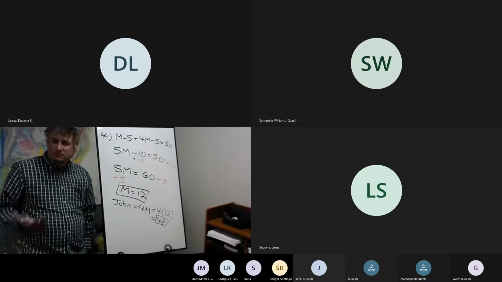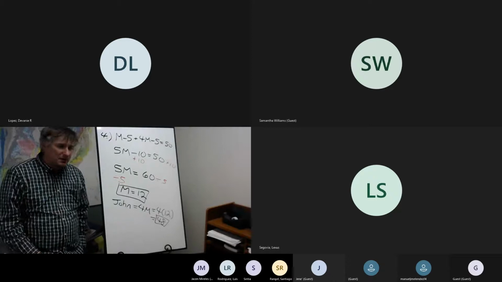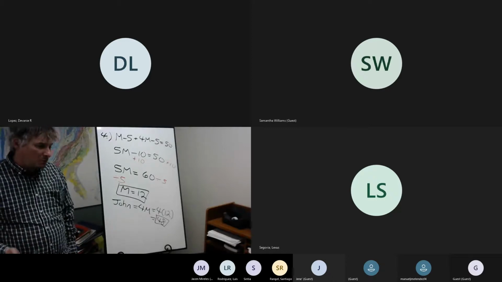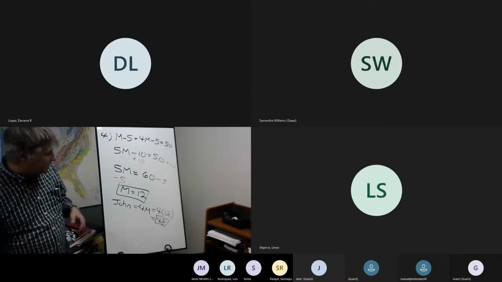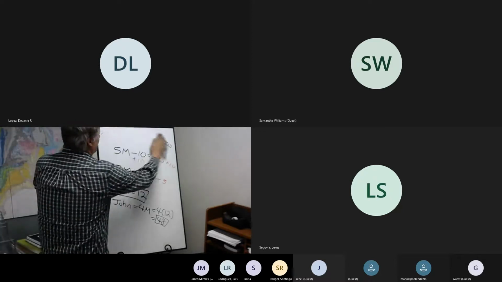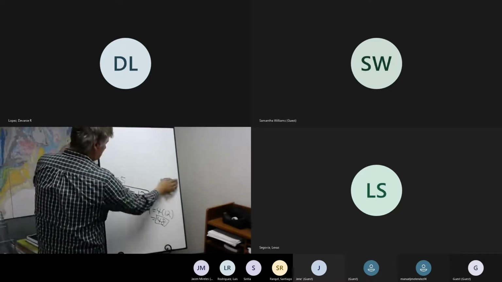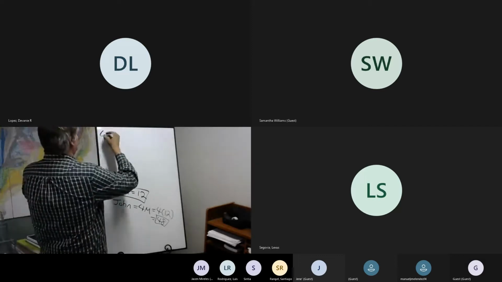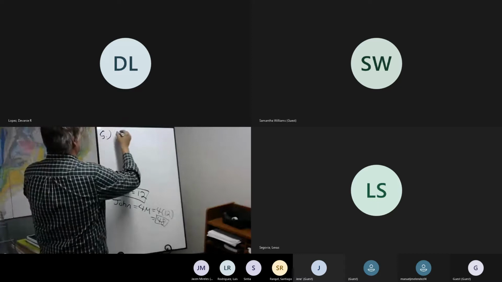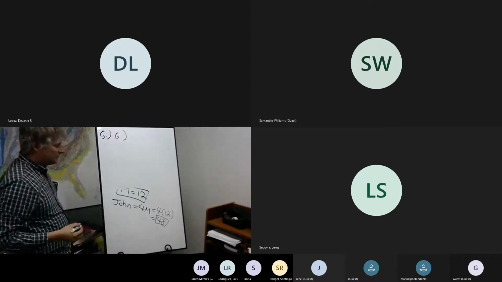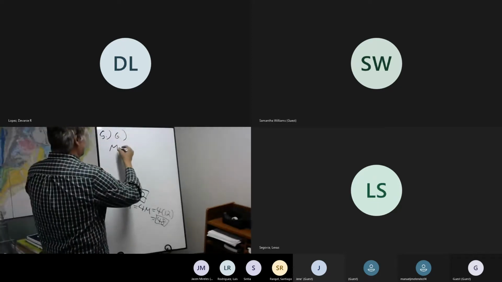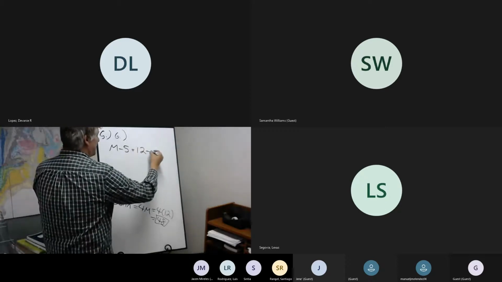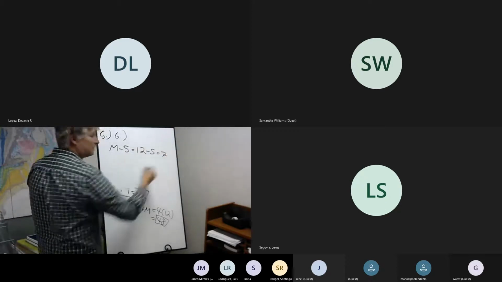Now again, for parts 5 and 6, do these answers make sense? Well, let's see. For example, 5 years ago, the sum of their ages is 50. So 5 years ago, m minus 5 will be 12 minus 5, or 7.